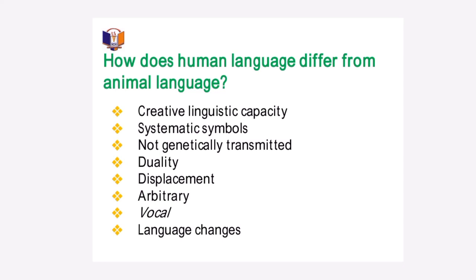Human language has the attribute of duality, meaning that a letter has a sound attached to it. A letter has a sound, and these sounds are combined together to make a word. Human language has the attribute of displacement.